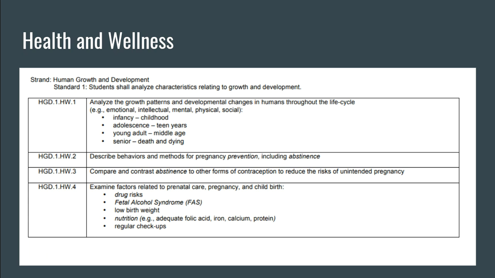For this standard, I picked HGD.1.HW.1. This best fits the curriculum for Ms. Piles. Even though it's kind of broad, this standard fits very well to what she was going over. It says, analyze the growth patterns and development changes in humans throughout the life cycle.